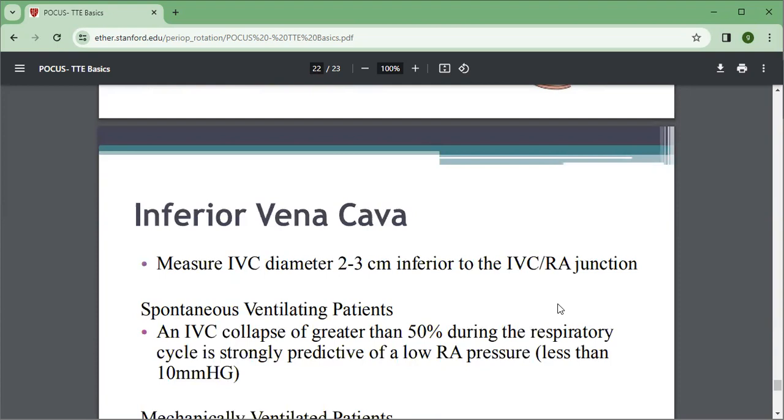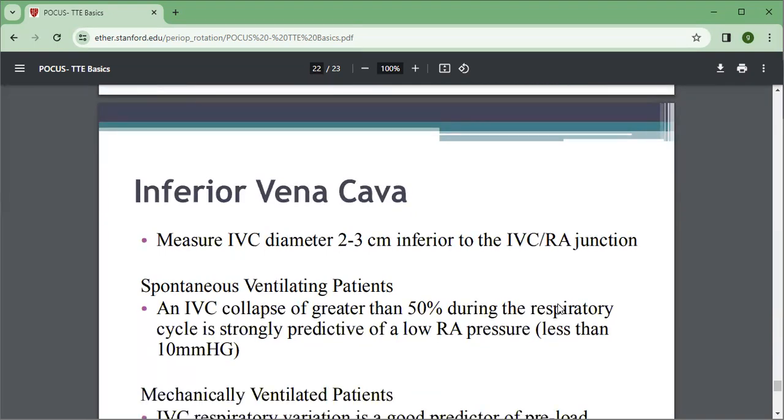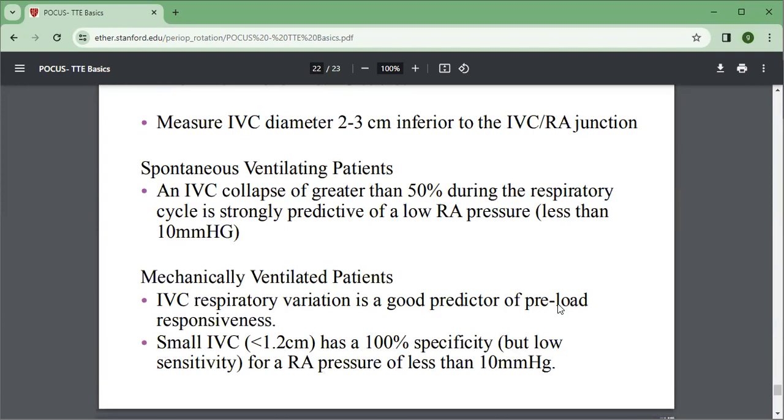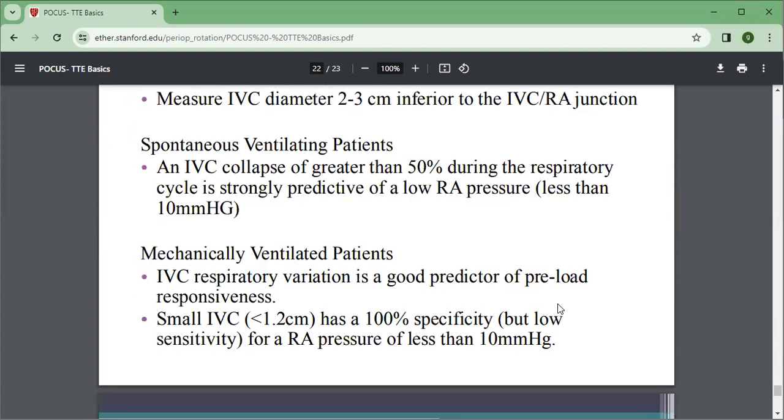In spontaneously breathing patients, inferior vena cava collapse of more than 50% during the respiratory cycle is strongly predictive of low right atrial pressure of less than 10 millimeters of mercury. In mechanically ventilated patients, inferior vena cava respiratory variation is a good predictor of fluid responsiveness. A small inferior vena cava of less than 1.2 has high specificity but low sensitivity for a right atrial pressure of less than 10 millimeters of mercury.